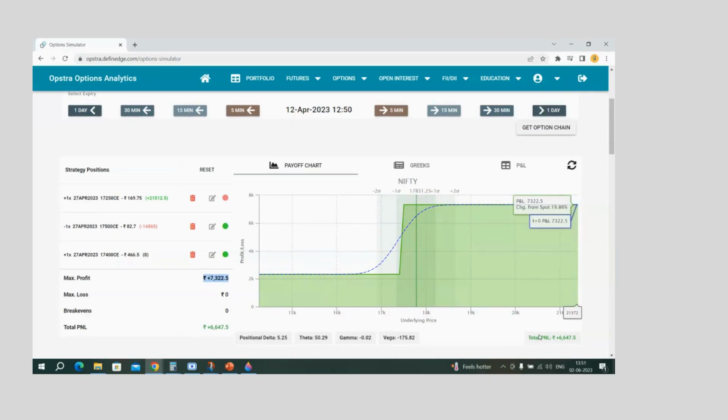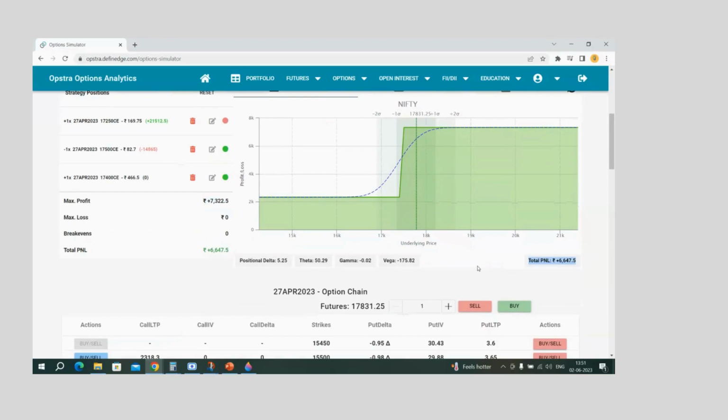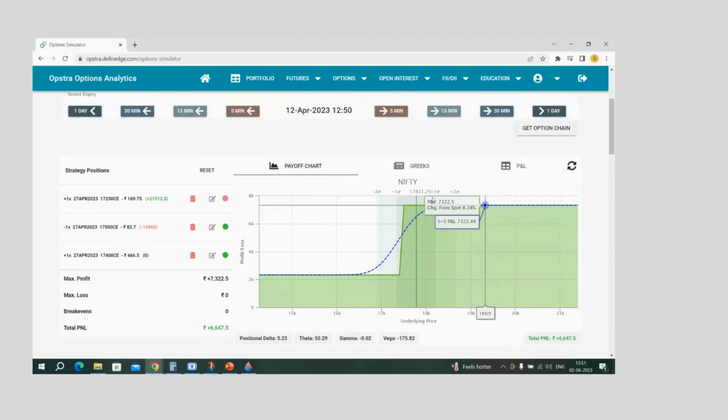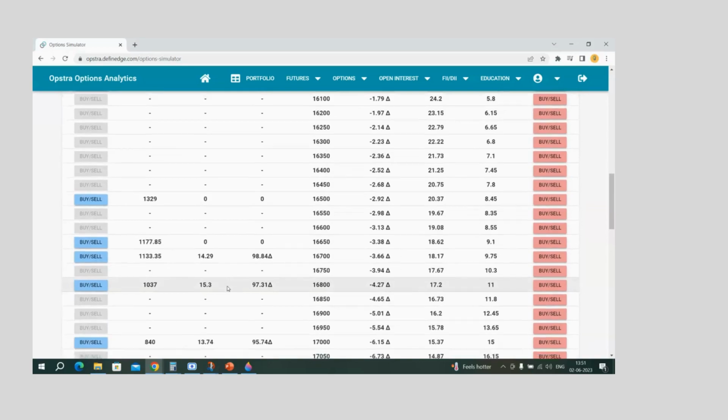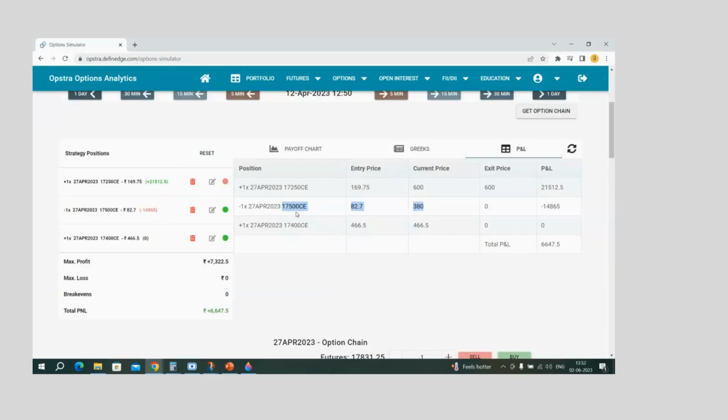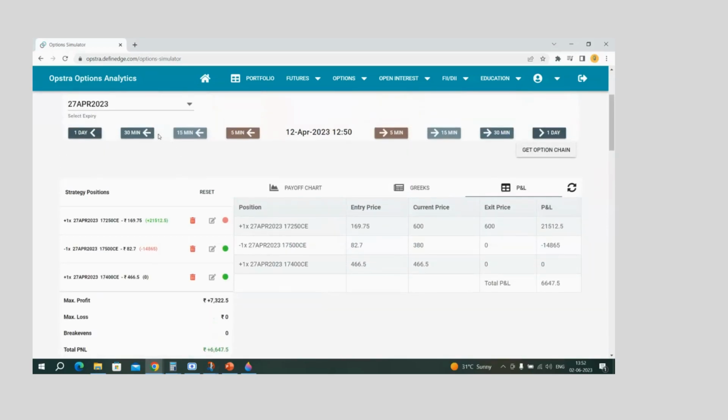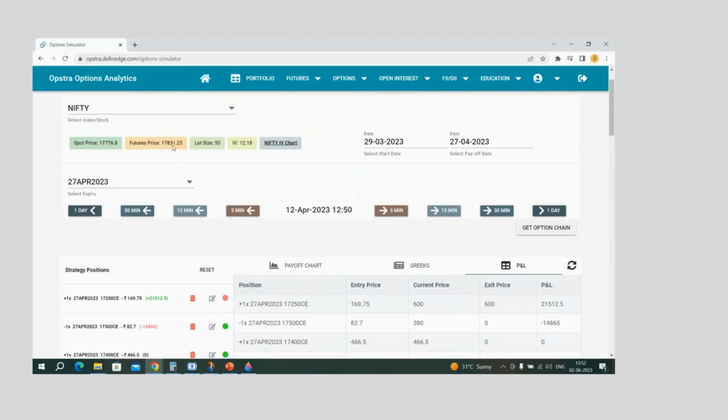And since we are already in good profit, I think it is wise to exit. It is more than 10%. It is a good idea to exit from this profit. Maybe I can also tell you different options that we can do. If you see here, 17,500, and currently the market is running at 17,800, right?